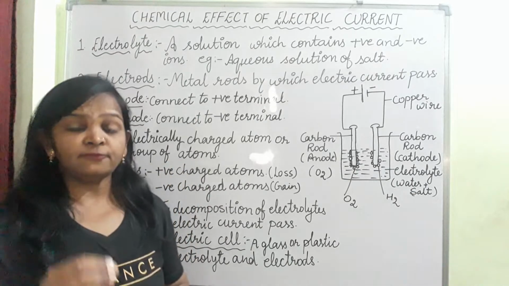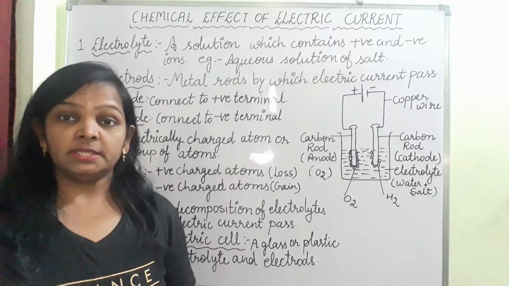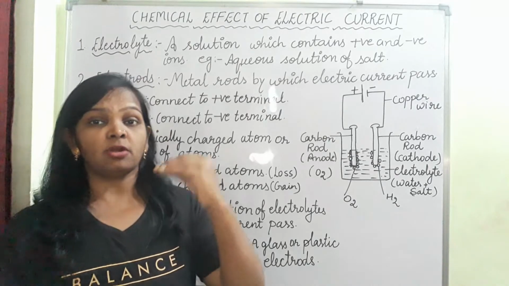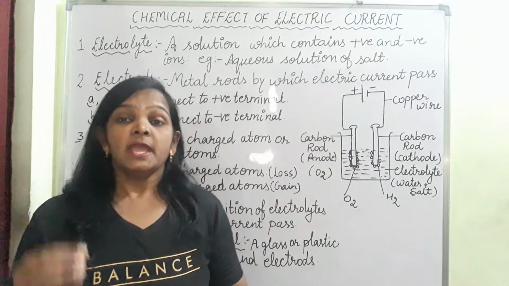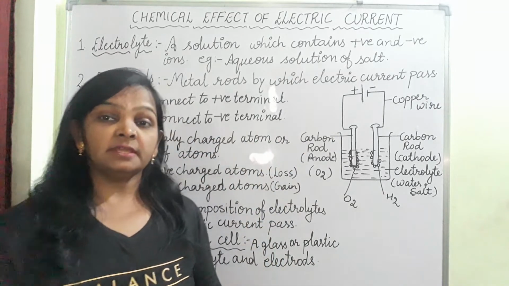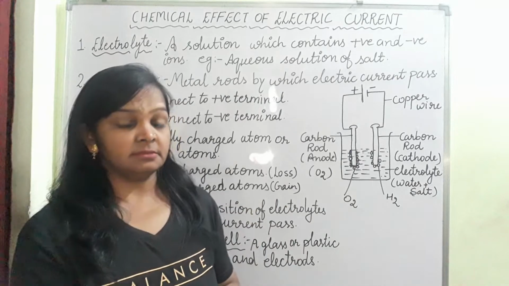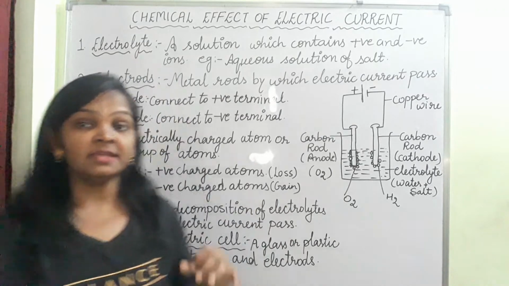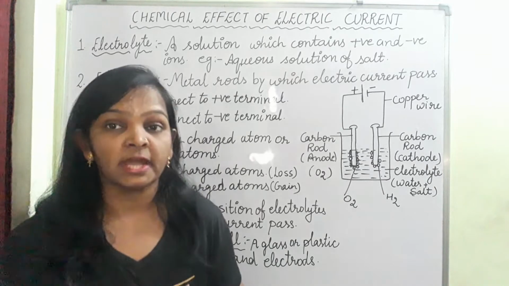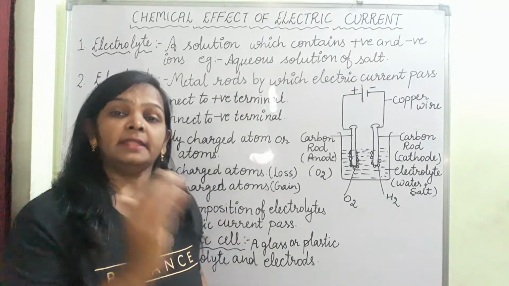If they gain electrons, the name is different. The name is anions. So ions are of two types, cations and anions.